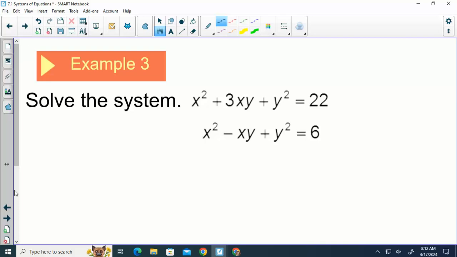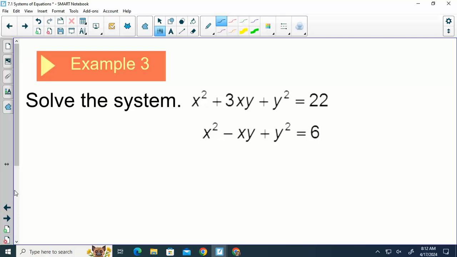I don't know exactly where I'm heading with this. Okay. So in this one, we have x's and y's. We have x squared, we have y squared, we have x times y.